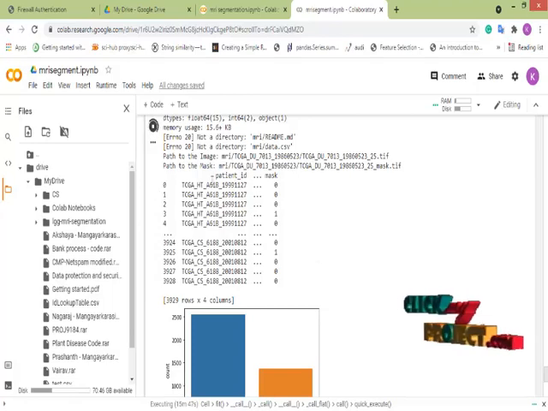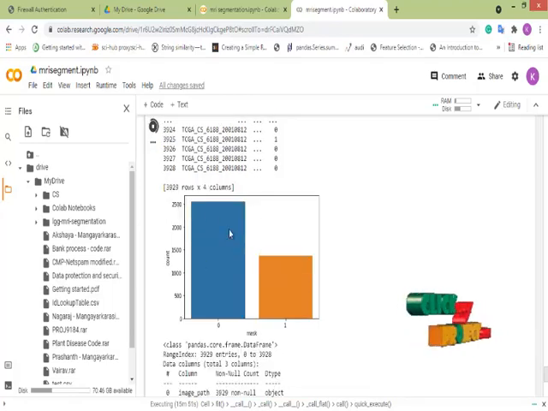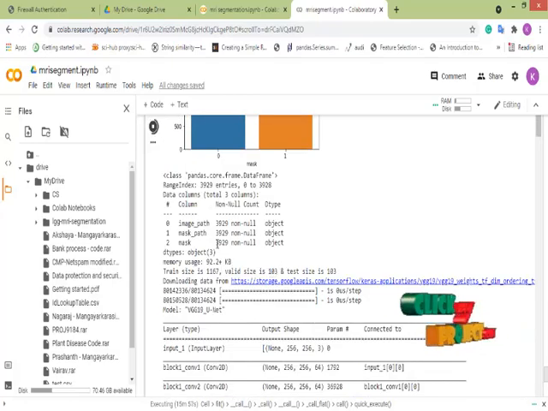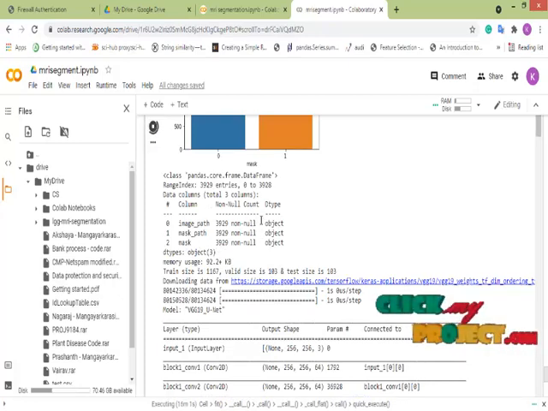Now the directory will be loaded as a data frame. Then it will visualize the data. 0 is non-affected persons and 1 is affected persons. After it forms a data frame, it checks the null values. There are no null values. The data type is object.